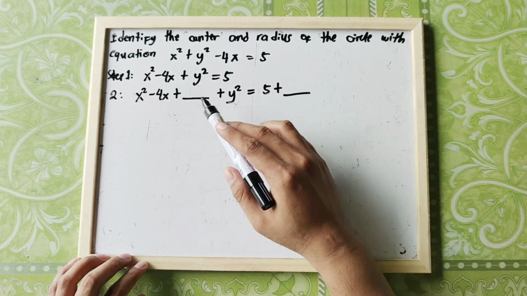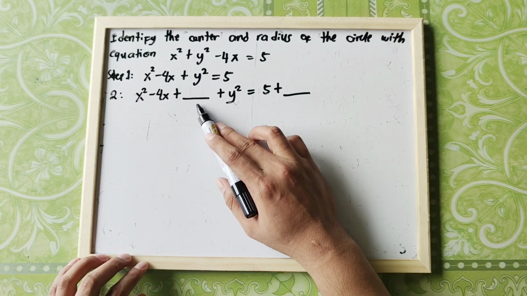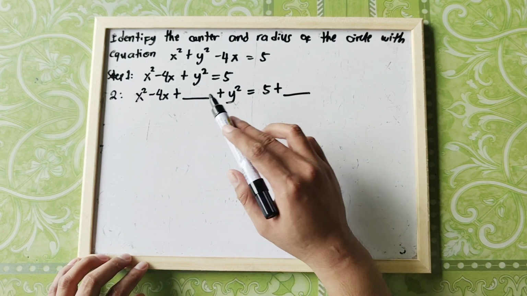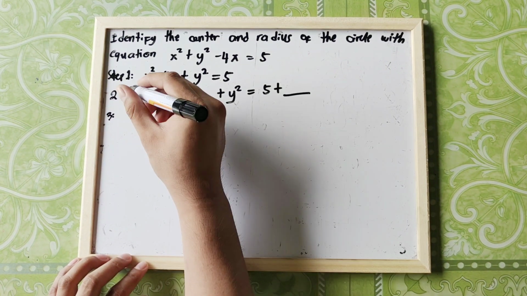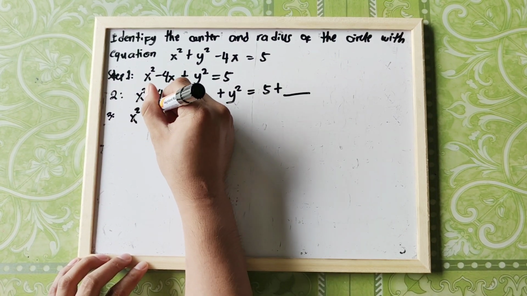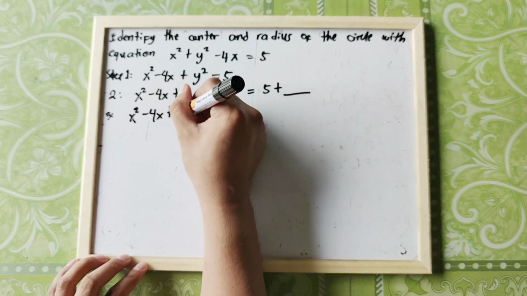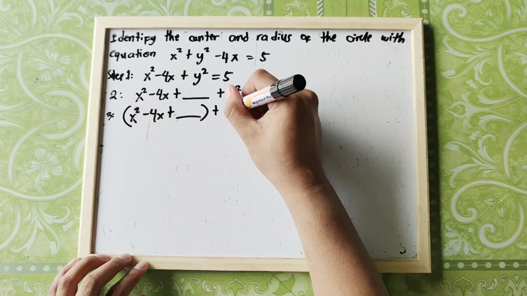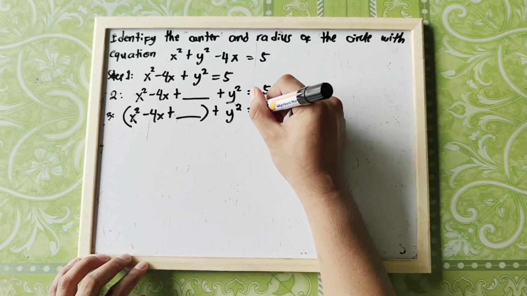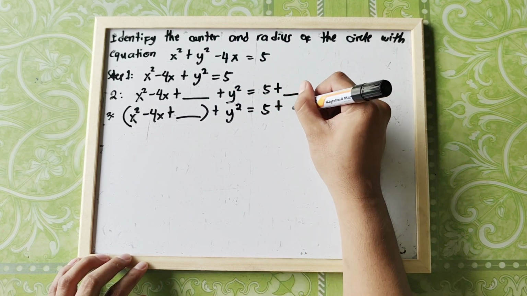Why only one blank? Because we added only one blank on the left side of the equation. So step 3: x squared minus 4x plus blank, to make it a perfect square trinomial, plus y squared is equal to 5 plus blank.